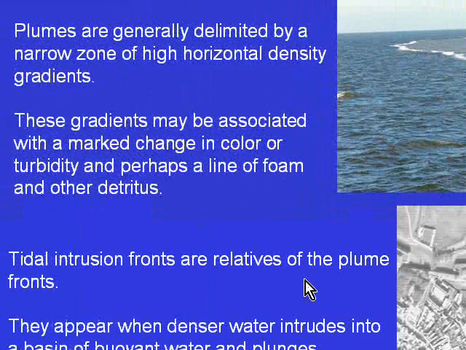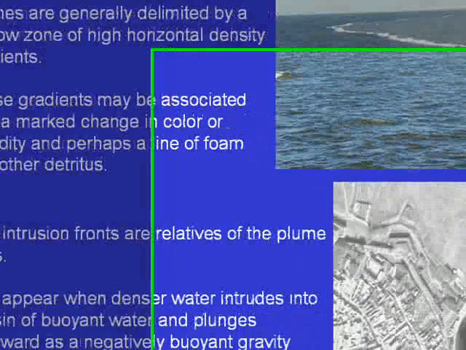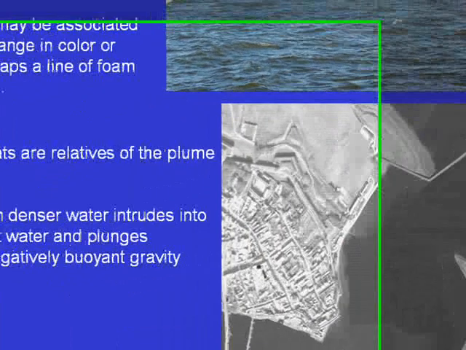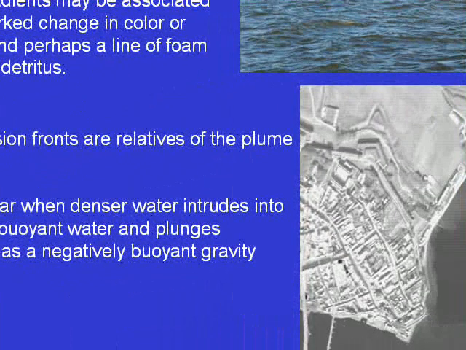And when these plume fronts occur instead of outside the estuary, like in this case, a plume front would occur here. The cousin of these plume fronts is what's called the tidal intrusion front. The plume fronts tend to be more evident during the ebb phase of the tidal cycle. But then you can have a tidal intrusion front, which is the same mechanism.